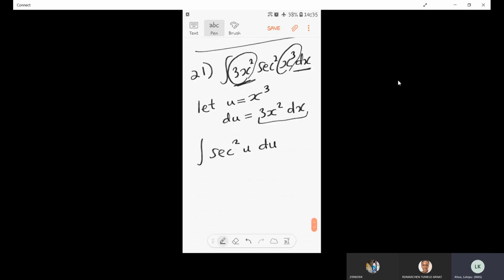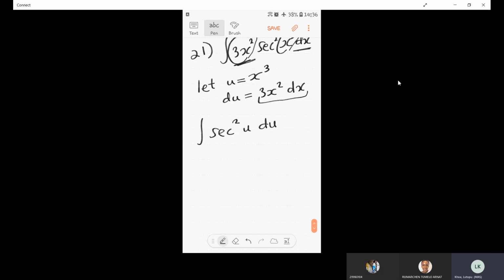So then the integral of sec squared u du is just tan of u plus c. So this is tan of u plus c, and u is x to the power of 3, so tan of x cubed plus c.